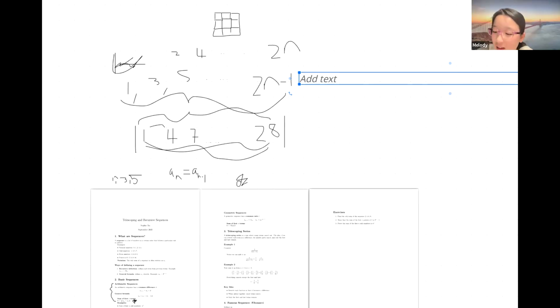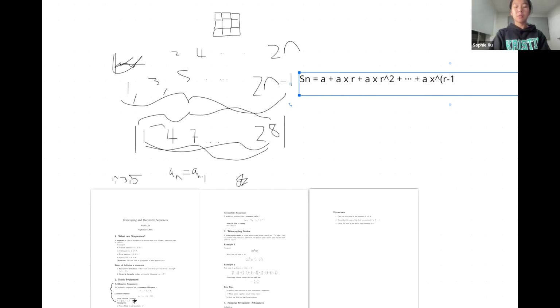So what's Sn times r? What's this equal to? Let's write this a different way as well.